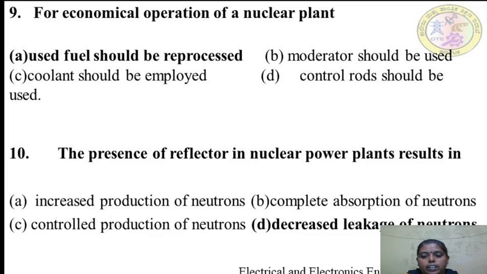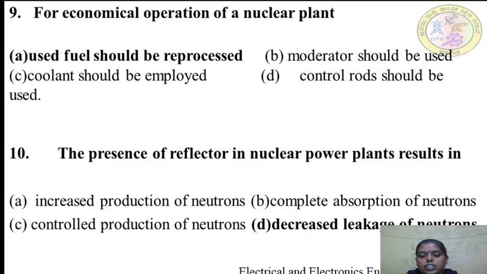Next, tenth. The presence of a reflector in a nuclear power plant results in: A. increased production of neutrons, B. complete absorption of neutrons, C. controlled production of neutrons, D. decreased leakage of neutrons.